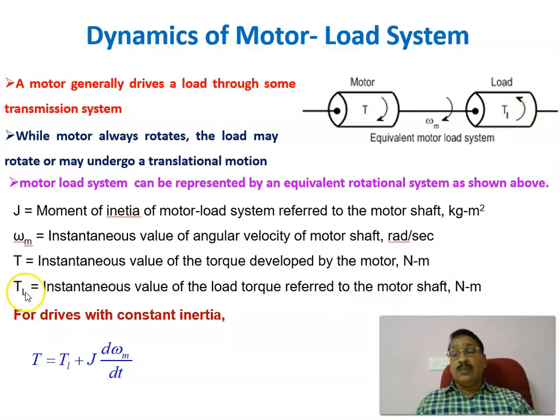For a drive with a constant inertia, we will be deriving the equation. The relation between the torque of the motor and the load is: the electromagnetic torque T developed by the motor is equal to the load torque plus J into d omega m by dt.